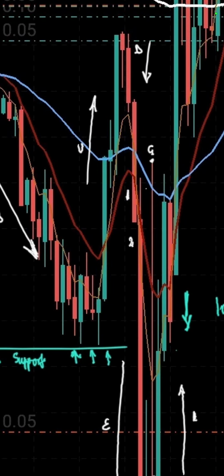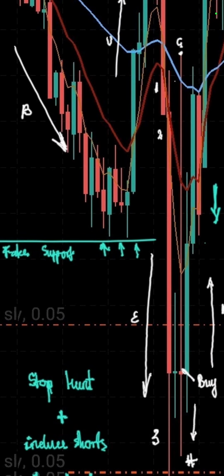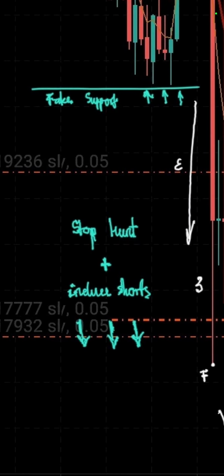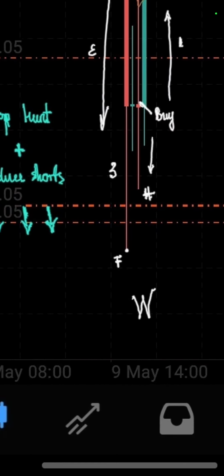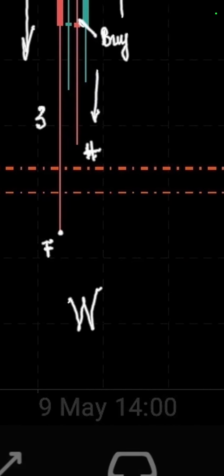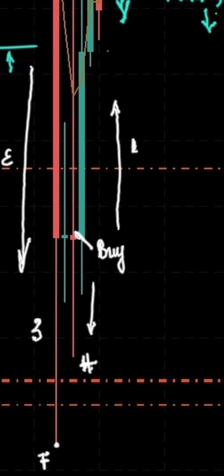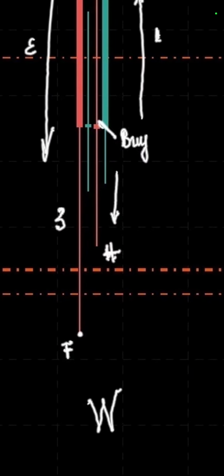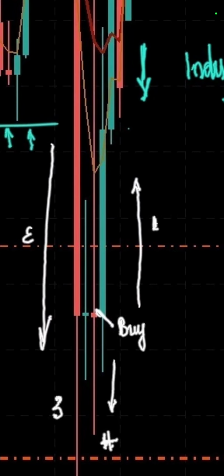Then you can see the numbers 1, 2, and 3, which indicate the three rapid moves to the downside to try to induce shorts and at the same time hit the stops, what is called a stop hunt. At that point you can see a W, pointing to the section where we have reached F. We come back to G and repeat the low with H, and after H we execute our buy orders.